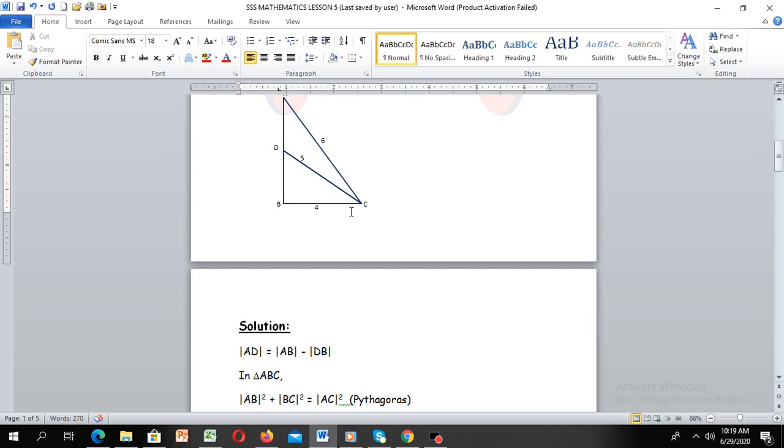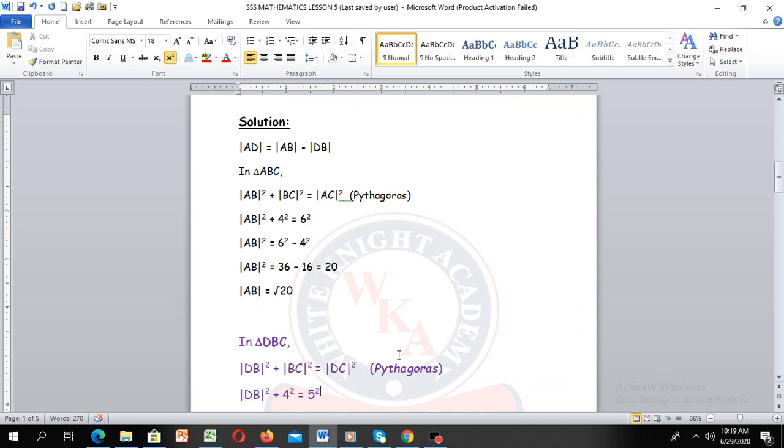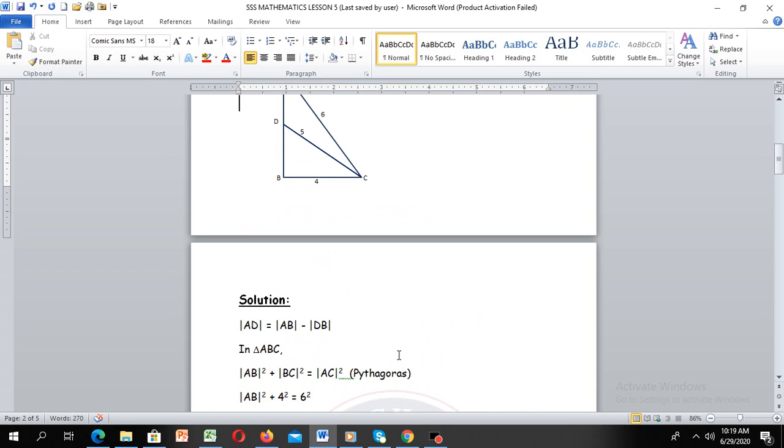The hypotenuse is DC. DB and BC are the adjacent sides. Side BC is 4 units, while side DC is 5 units. So DC is 5 units, BC is 4 units, but we don't know DB.